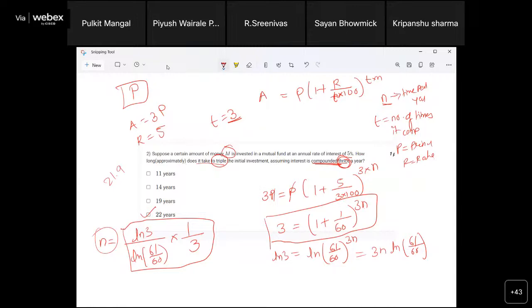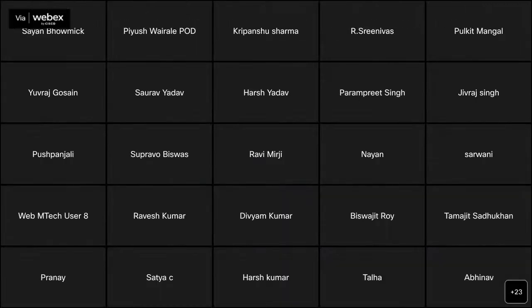Should we round it to 22? Yes, the nearest value. While preparing the options, we will make sure that such close values like 21 and 22 are not both kept, so there will be some difference, like 19 and 22. Okay, sir. Sure.